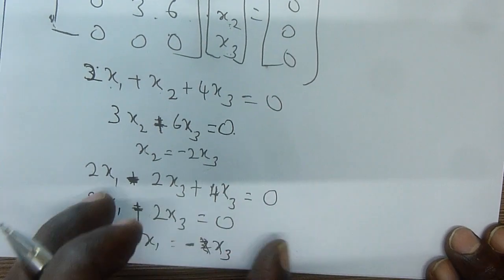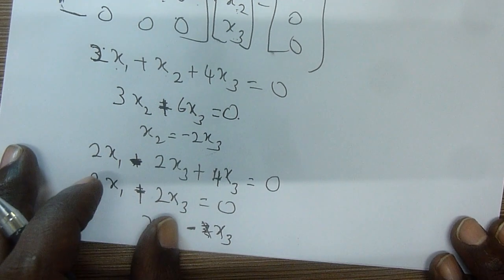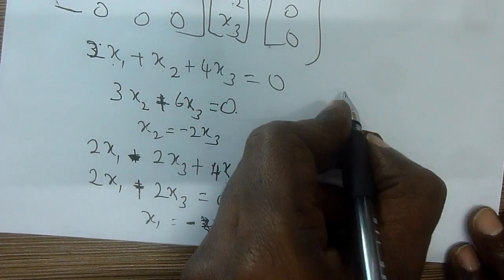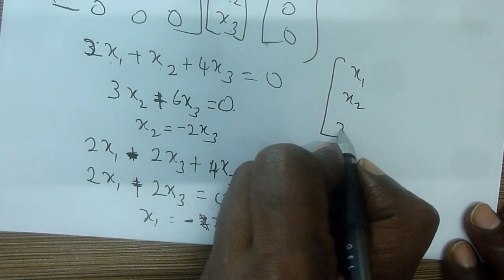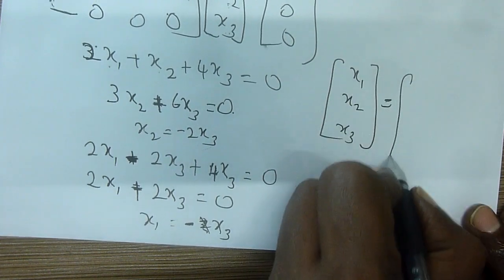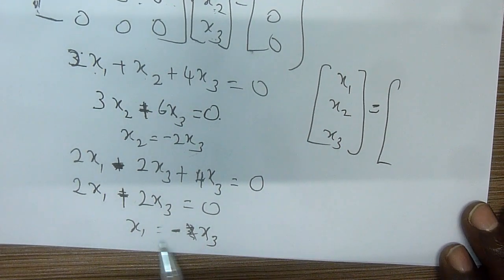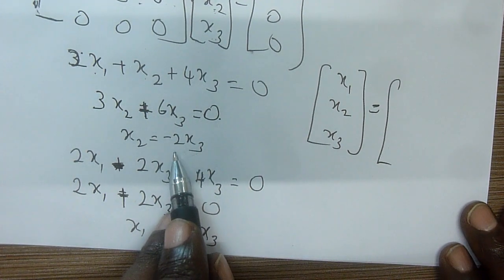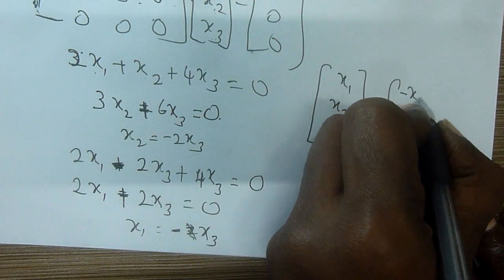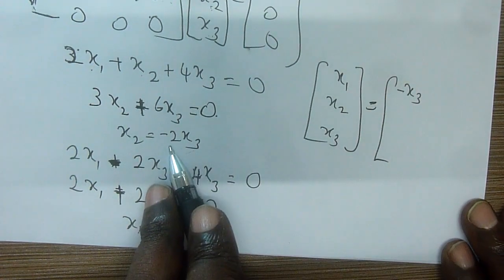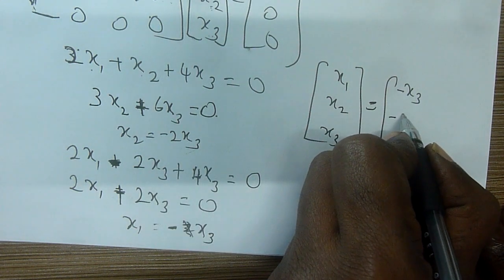Now let me build this whole thing. If I say x1, x2, x3, x1 can be represented with x3, so I get negative x3, and x2 is negative 2x3.